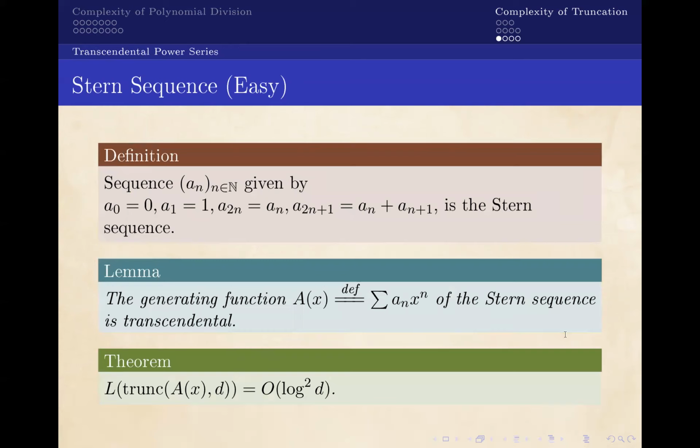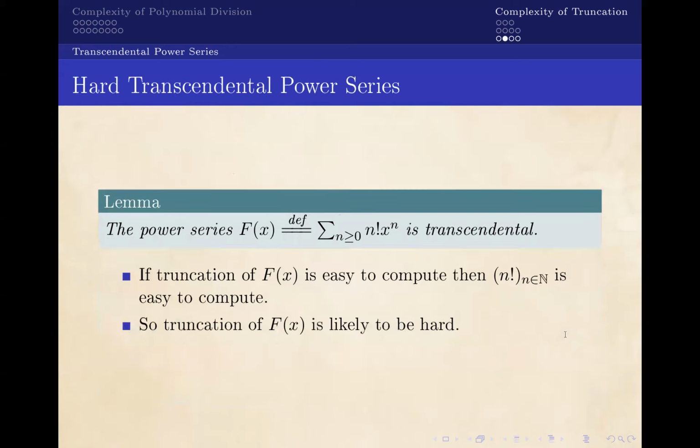So let me show some examples of transcendental power series which are hard and easy. The first example is the Sun sequence, which is defined by this a_i as defined here. If you look at the generating function of this Sun sequence, then it is known that this power series is transcendental. And then in the paper we show that truncations of this power series are easy to compute.